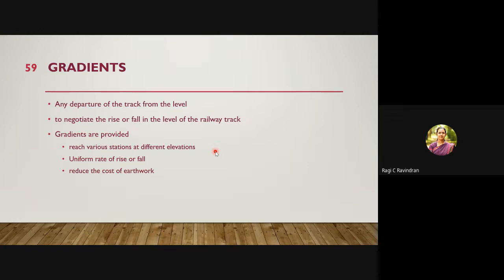So in order to connect different places which are situated at different elevations, you need gradients. And whenever you are providing gradients, these are to be provided at a uniform rate, either uniform rise or uniform fall.